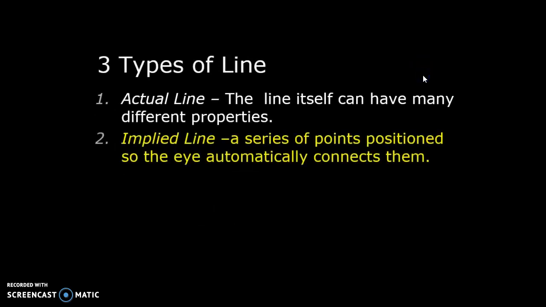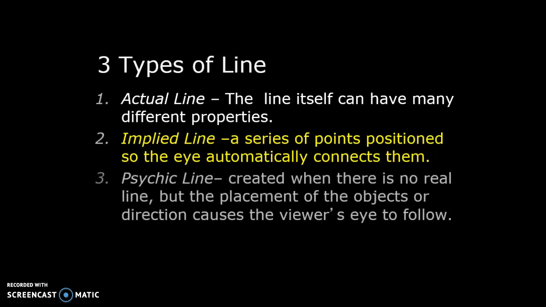Okay, three types of line. An actual line is the line itself. An implied line is a series of points positioned so the eye automatically connects them. And then the psychic line, we just saw that in the previous slide. It's created when there is no real line, but the placement of the objects or direction causes the viewer's eye to follow.